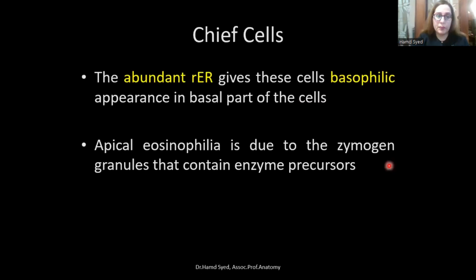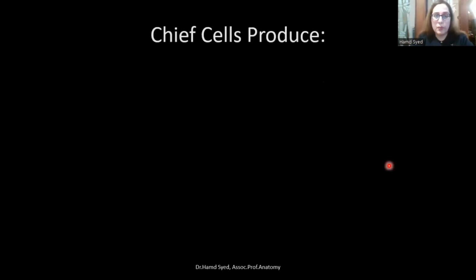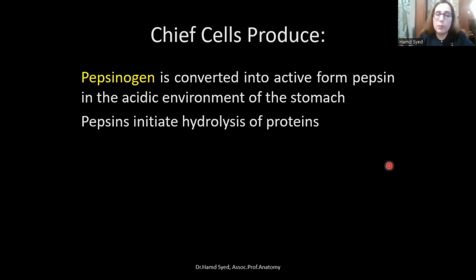Now, what makes these chief cells basophilic is their large quantity of rough endoplasmic reticulum, whereas in the apical region of the chief cells, there is a slight eosinophilia because of the zymogen granules that contain enzyme precursors. So what are the chief cells producing? What is their function? They are producing pepsinogen.